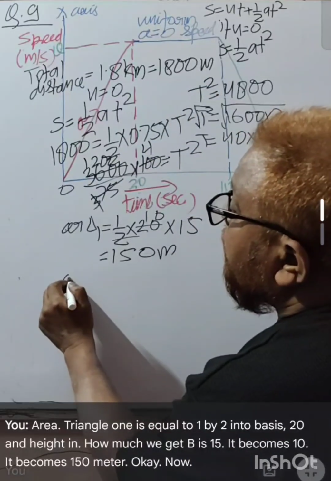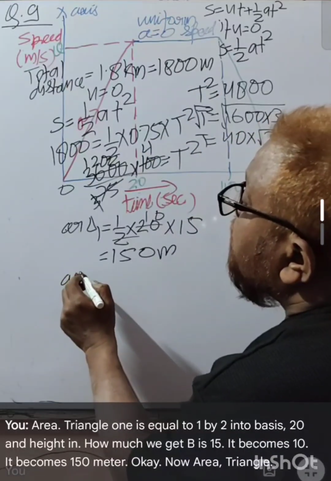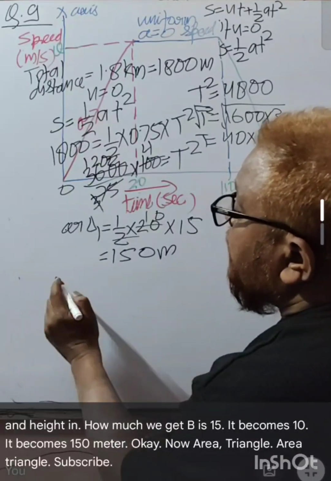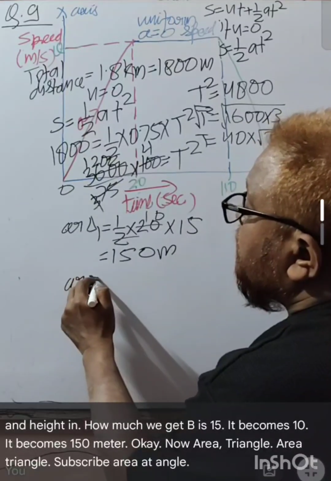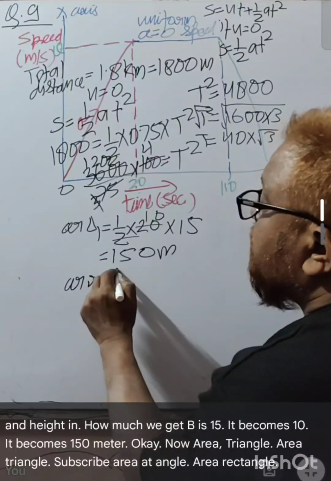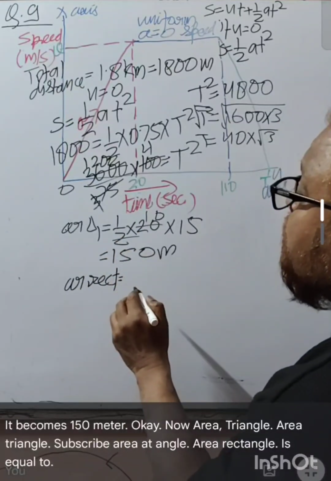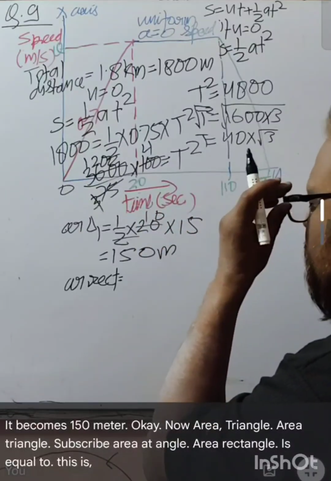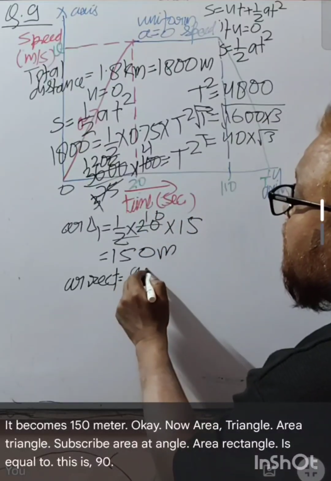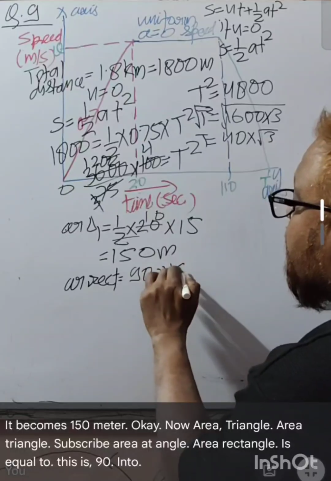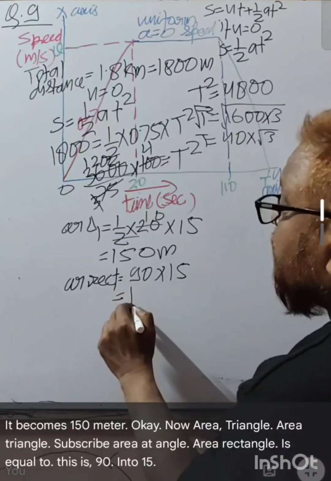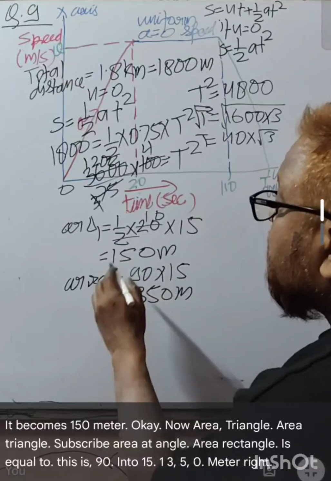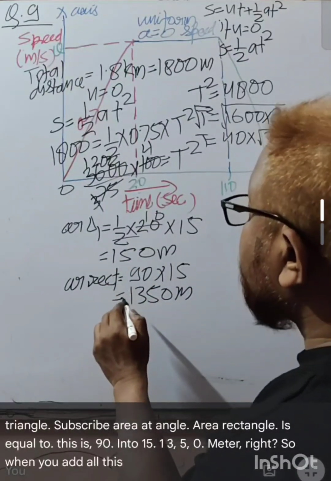Now area of the rectangle is equal to 90 into 15, 1350 meter, right?